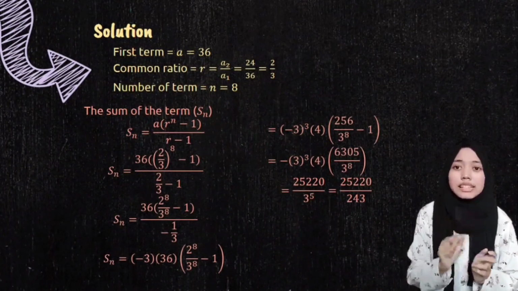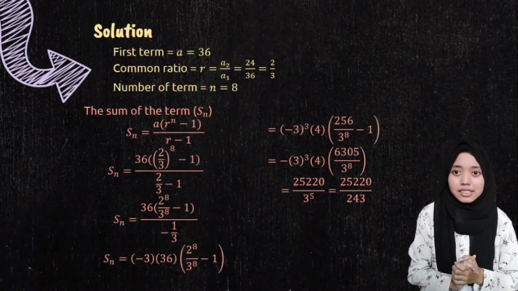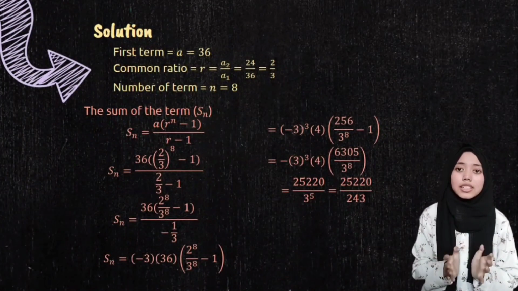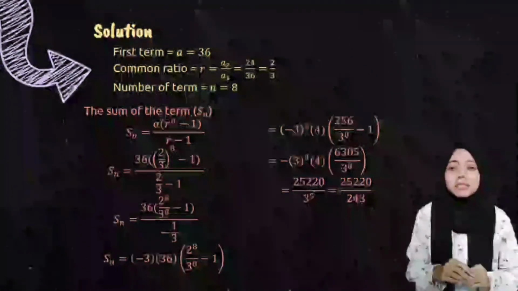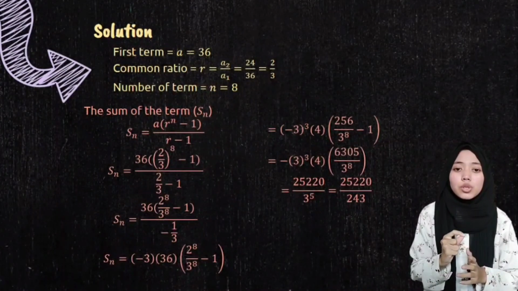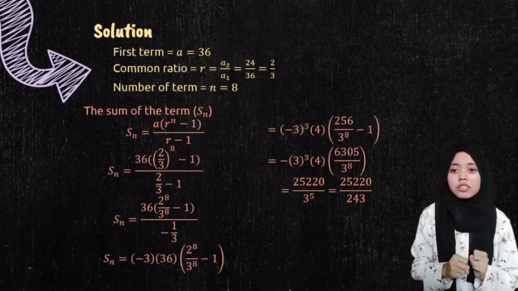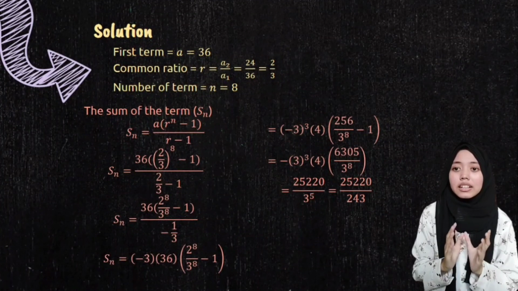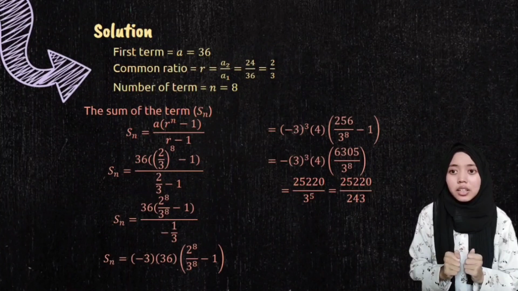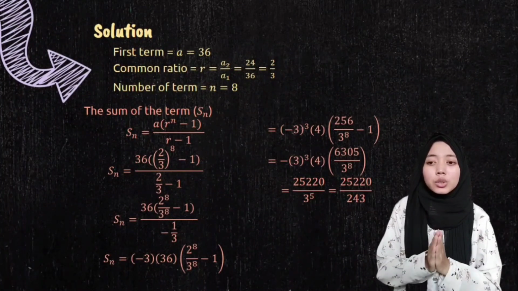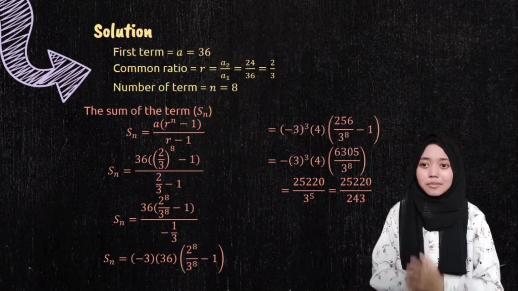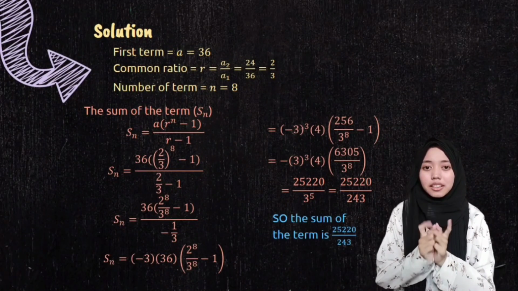So we get that S8 is 36 times in bracket 2 divided by 3 to the power of 8 minus 1, divided by 2 divided by 3 minus 1. So finally we get that S8 is 25,220 divided by 243. So the sum of the terms is like that.